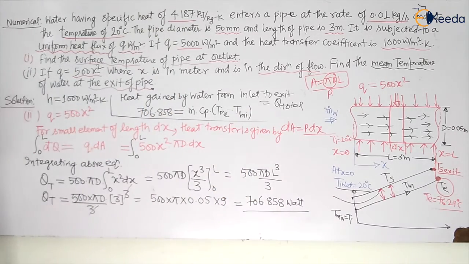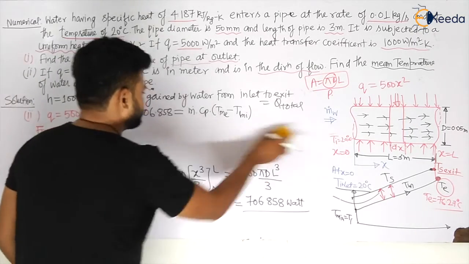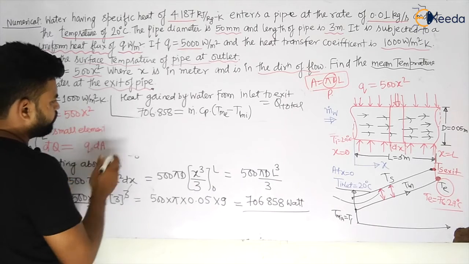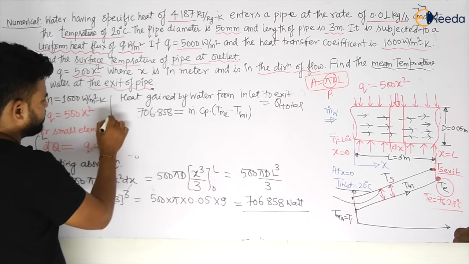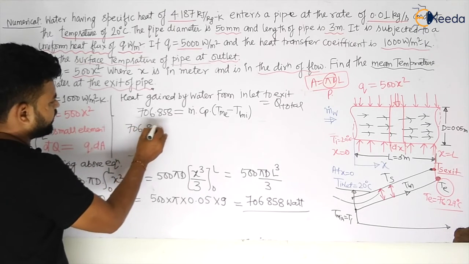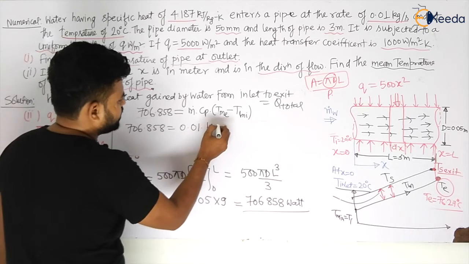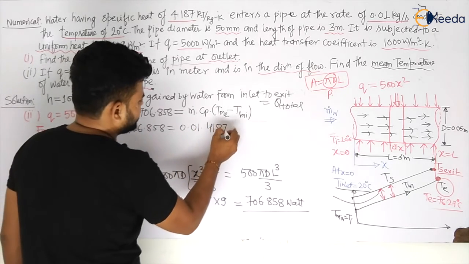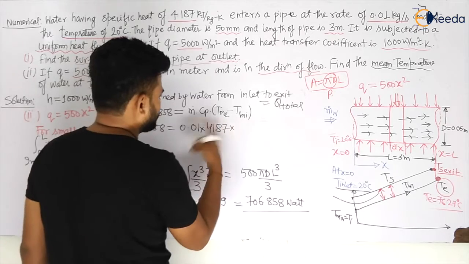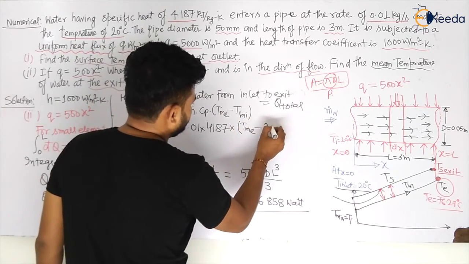So let us see, this will be how much? 706.858 is equal to m dot 0.01 into Cp 4187, which we can take directly, so it will be in watt only. So Tme exit minus Ti, which we know is 20.